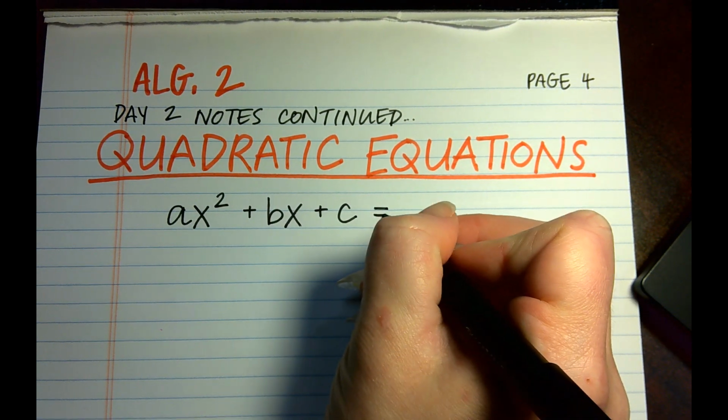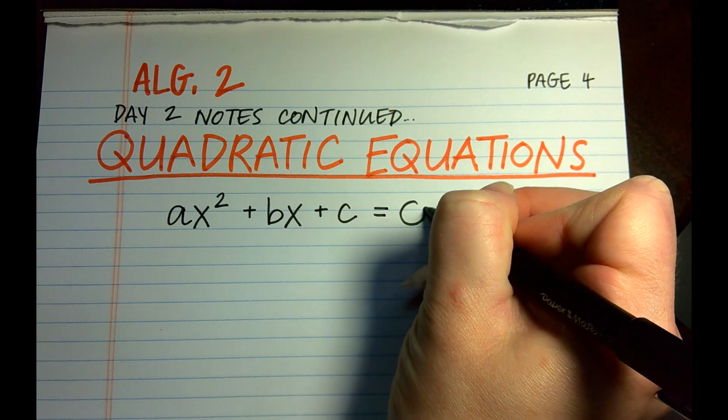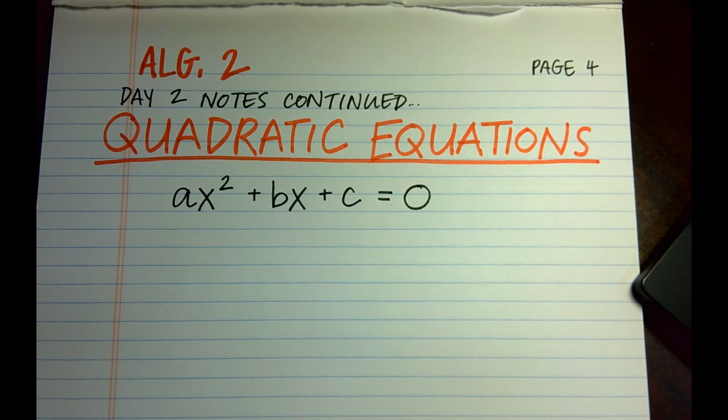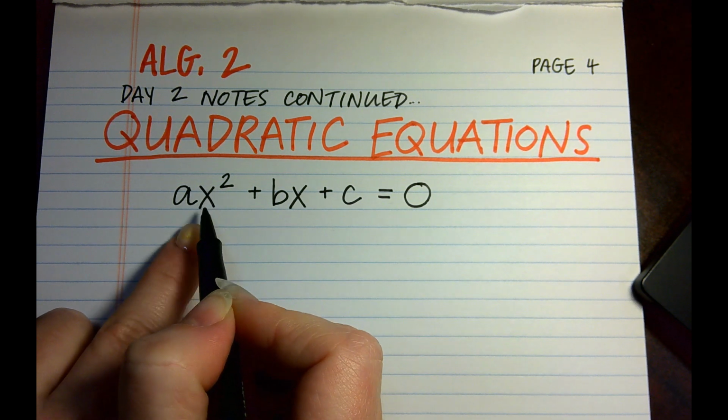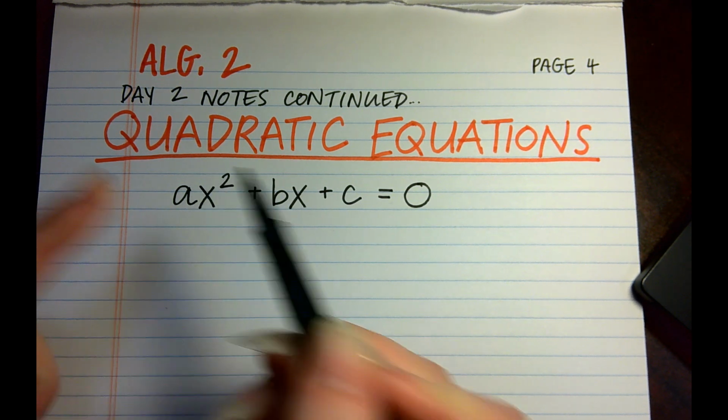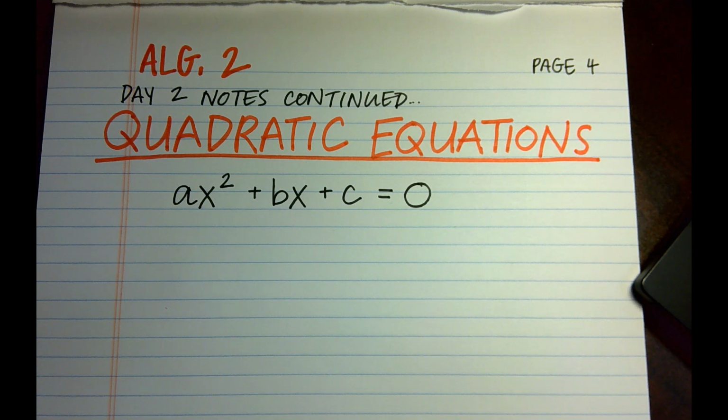And for now, we're going to always have it equal to 0. Ax squared plus bx plus c equals 0. This is known as a quadratic equation because there is a term with x squared. Anytime you have an equation that starts with x squared, it's called a quadratic equation.